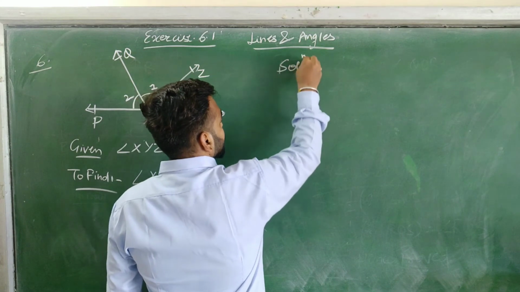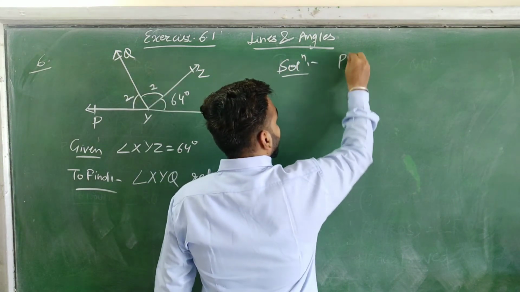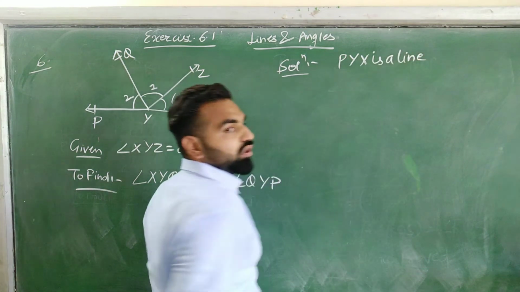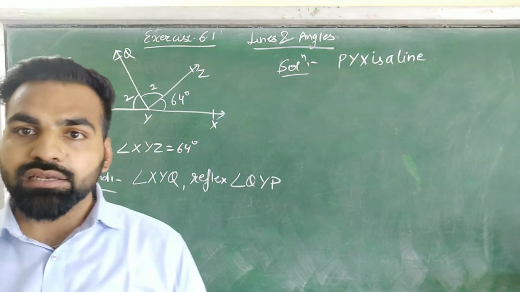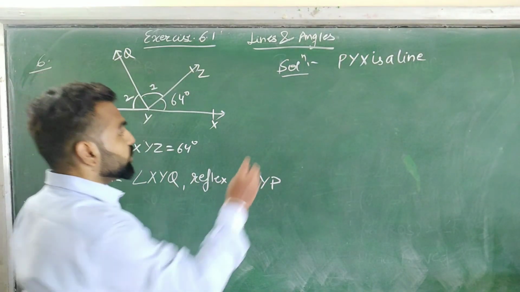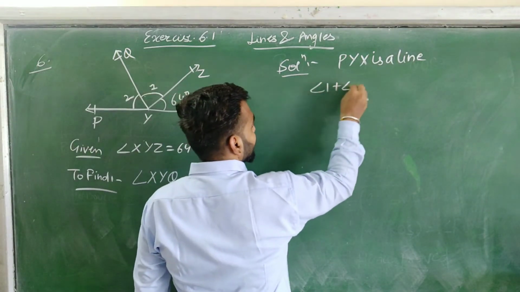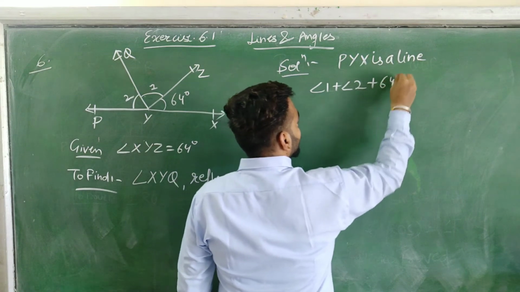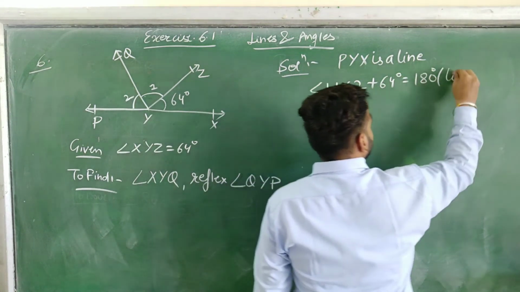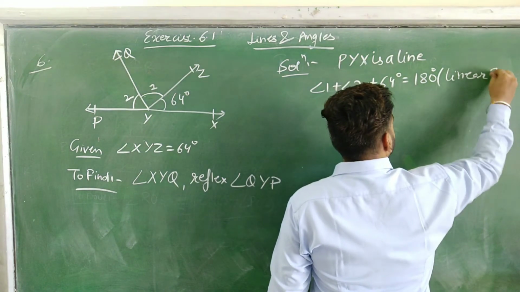Solution. PYX is a line, and we know that all the angles which lie on the line, if we add them, the answer is 180. That is linear pair. So angle 1 plus angle 2 plus 64 degree is equal to 180 degree.